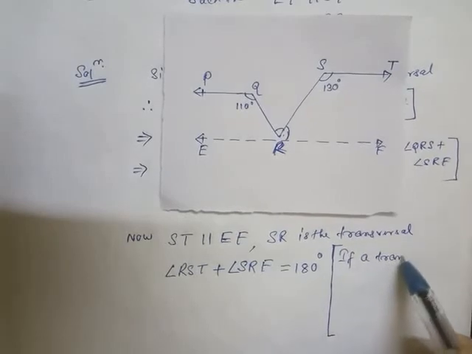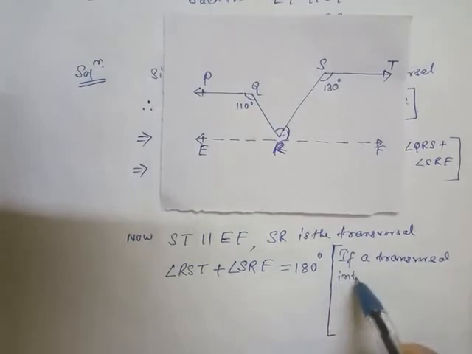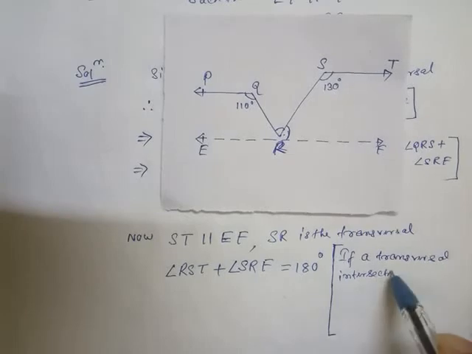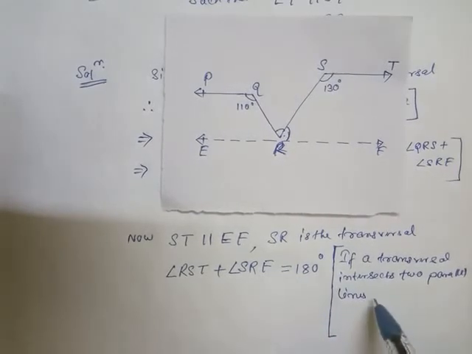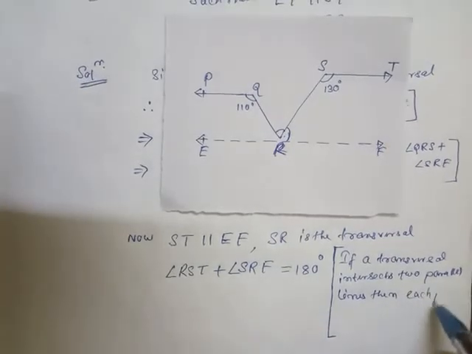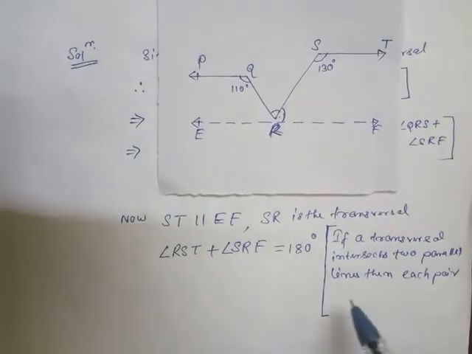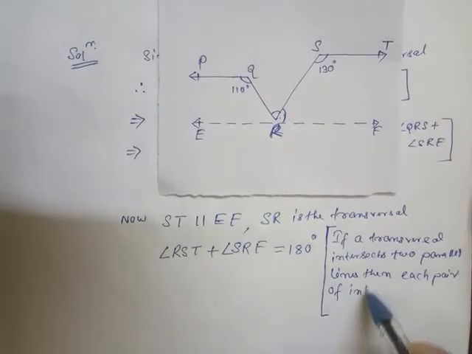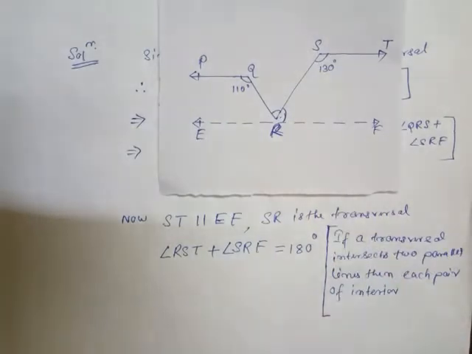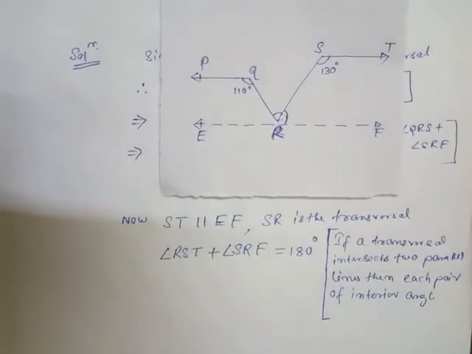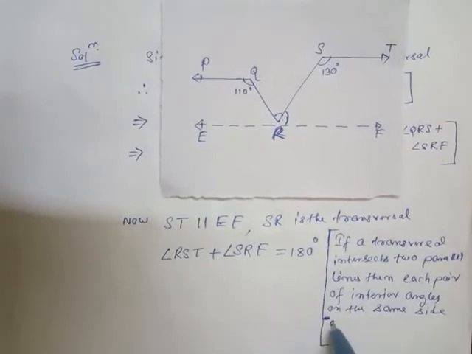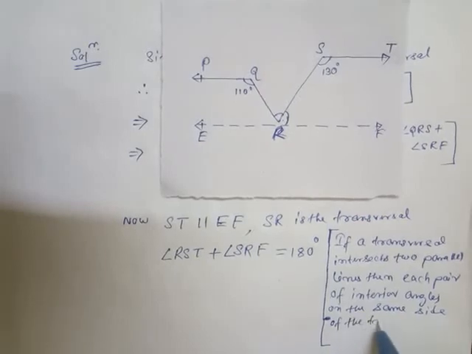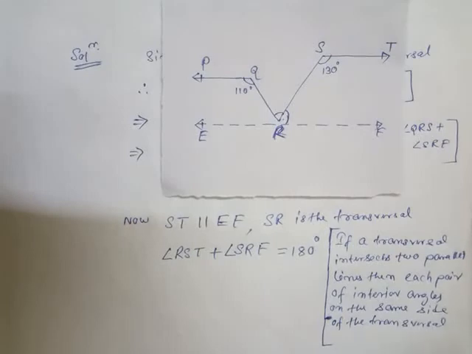If a transversal intersects two parallel lines, then each pair of interior angles on the same side of the transversal is supplementary.